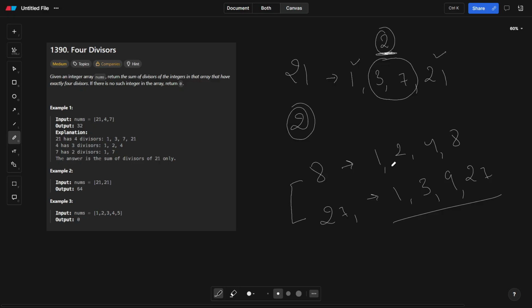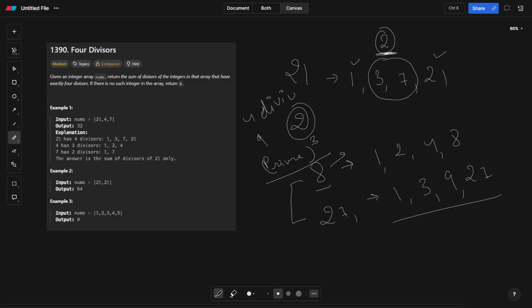Now after multiple observations, you can think about a number which is a cube of a prime number. I will tell you why I am saying prime number. If a number is a cube of a prime number, then it will only have 4 divisors.